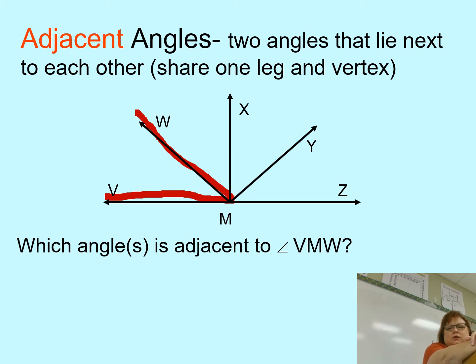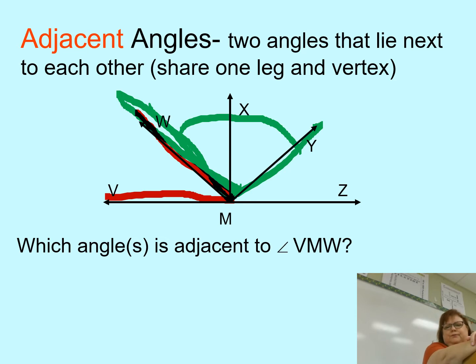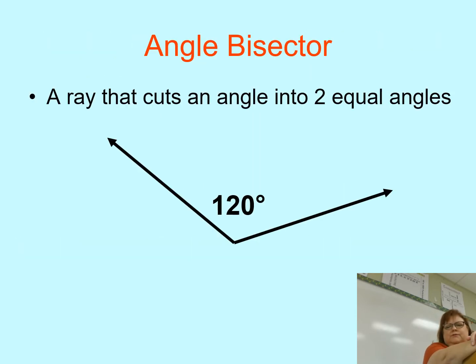So you could put WMX, or you could branch out a little bit, it doesn't have to be acute. It could be WMY. That one big angle is right next to this angle. Those are side by side angles. This one big green angle and this maroon angle. Alright? So, adjacent.